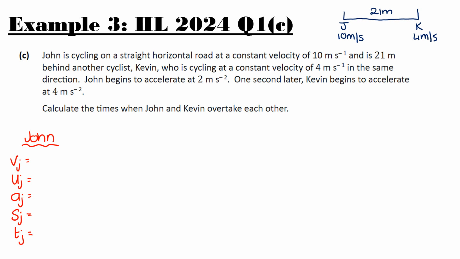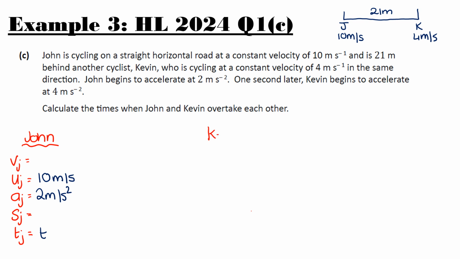So John begins to accelerate at 2 meters per second squared, and he had initially been going 10 meters per second. And we're going to say that that's the time that everything starts.